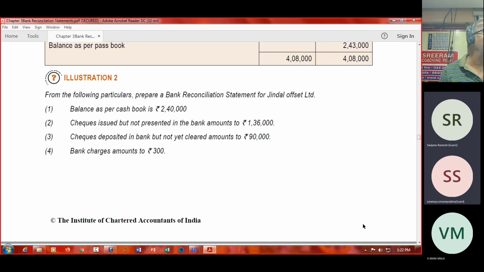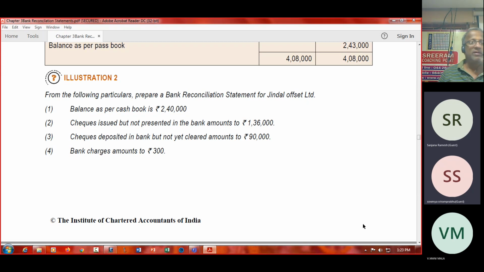Bank charges, is it an item of expenditure or income? For the bank, it is income. Are we doing this work for the bank or for Jindal Offset Limited? For Jindal Offset Limited. So whether it is an item of expenditure or income? That is the reason why I have asked you all this.